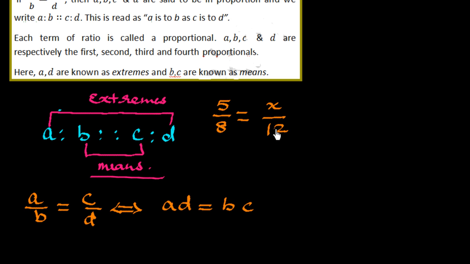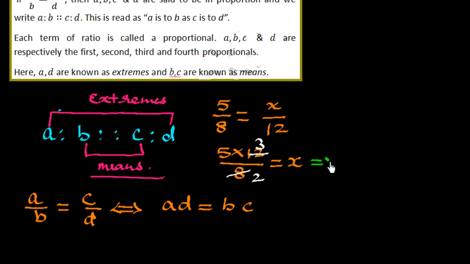So we have the simple rule we will follow here. The product of extremes is equal to the product of means, or we could cross multiply 12 with 5. 5 into 12 over 8 is equal to x. Now we simplify this for 2 times, for 3 times.